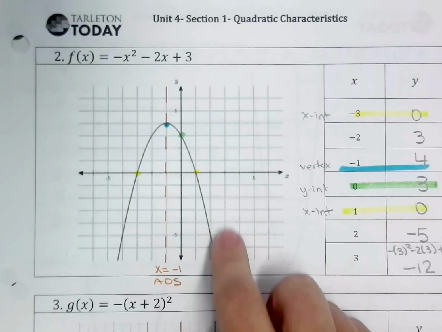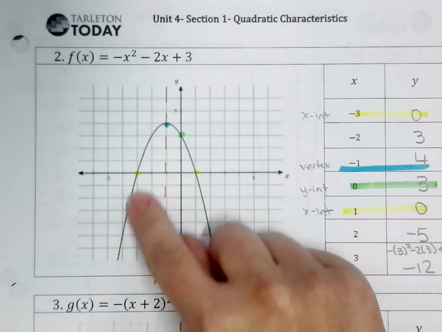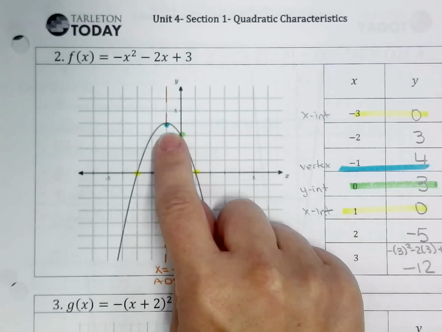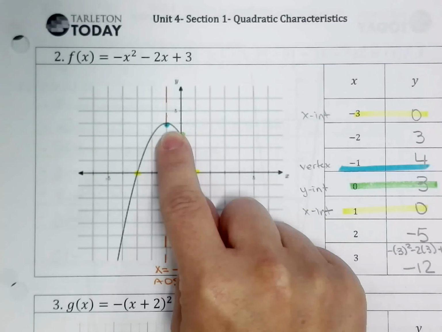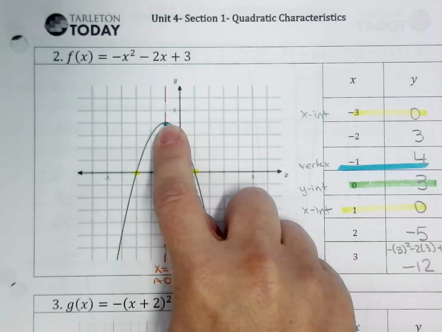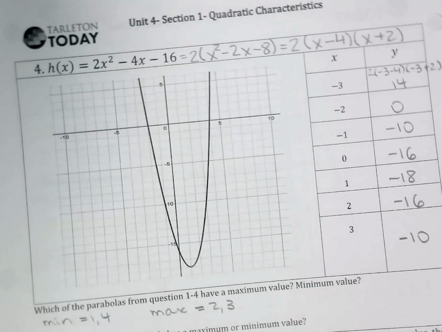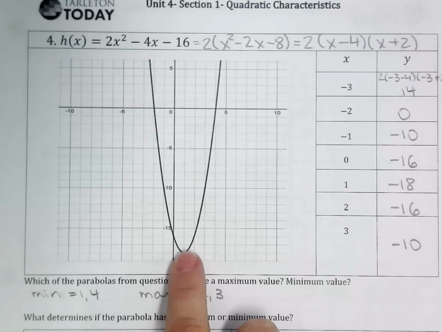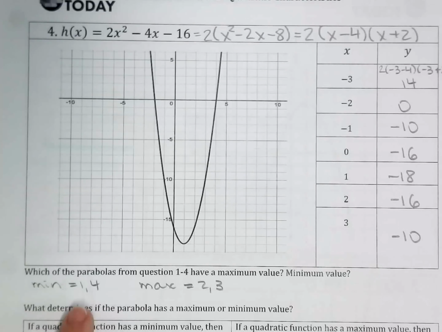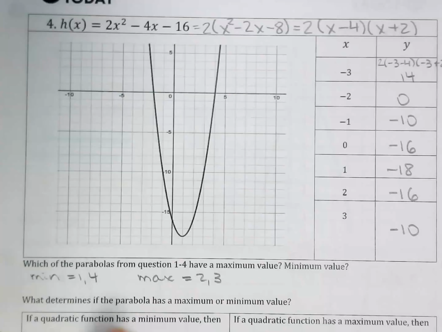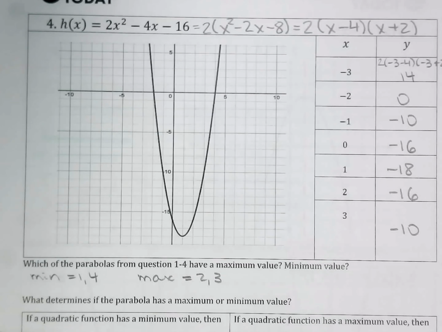So you start in the bottom, you go all the way up to the top, and that's the maximum of the parabola. And then you go down. And it's always at the vertex. So maximum looks like this. Minimum looks like this. So minimum, examples 1 and 4, and maximum, examples 2 and 3.